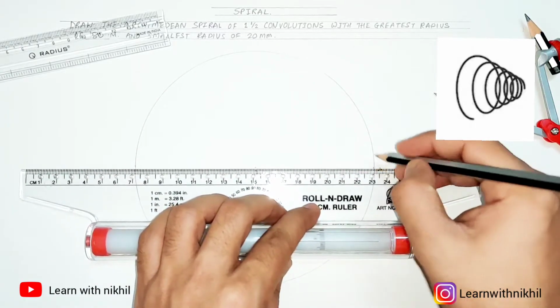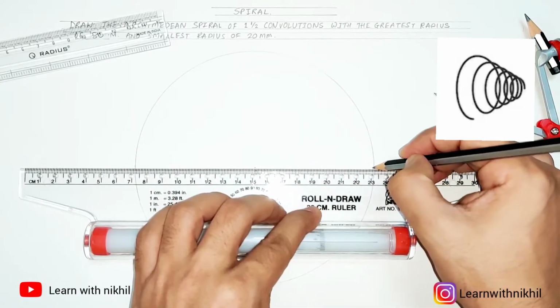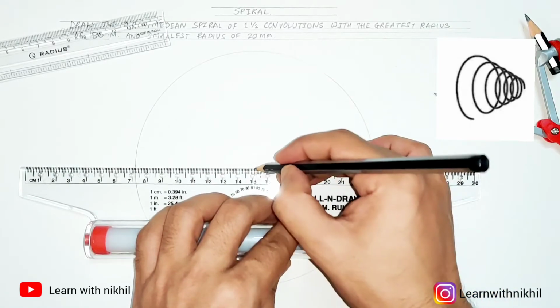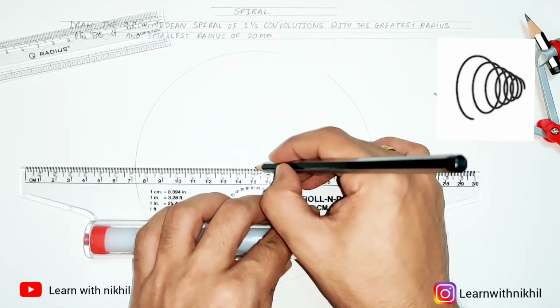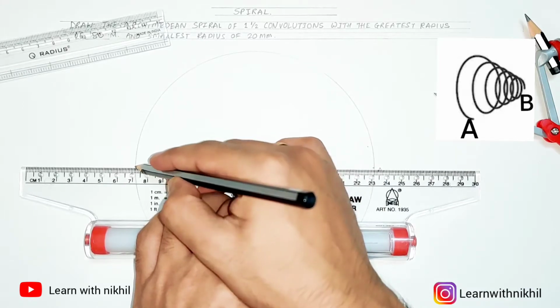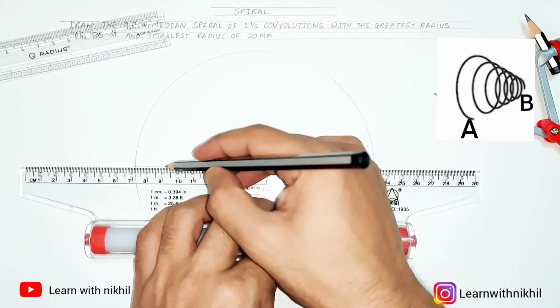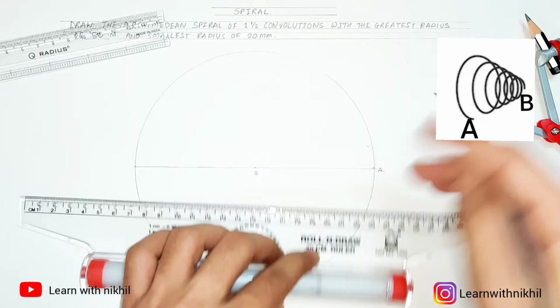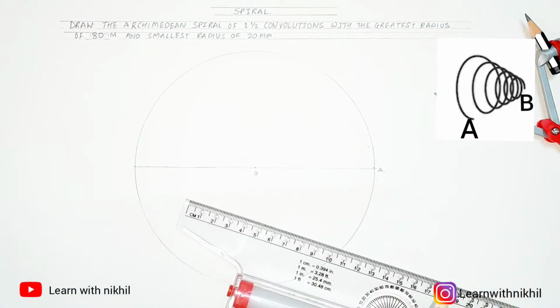So this is a rod or a line OA, and from point A the spiral will start and it will end at the smaller circle B for 1.5 convolutions.